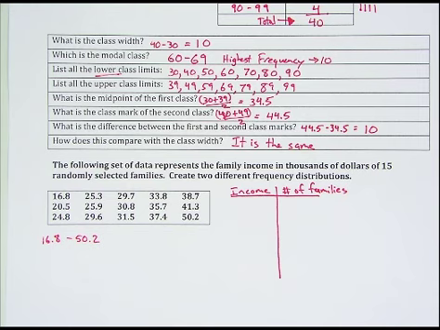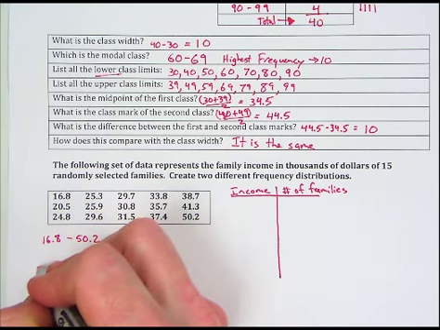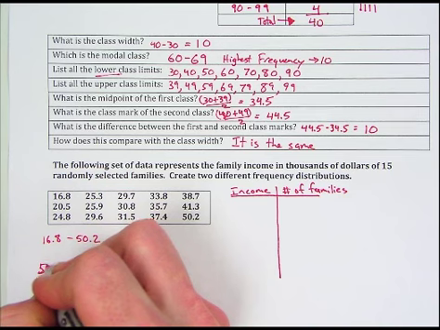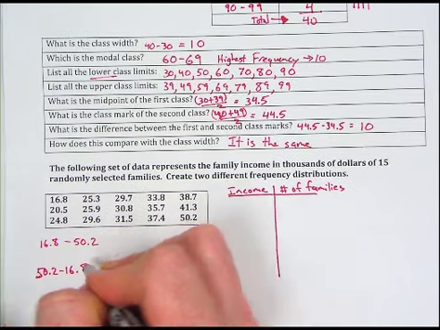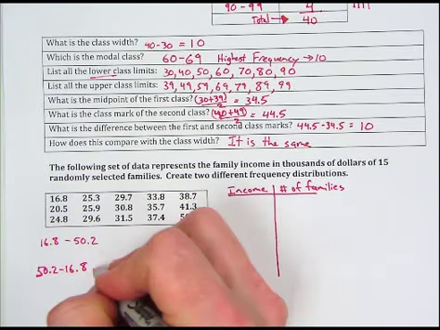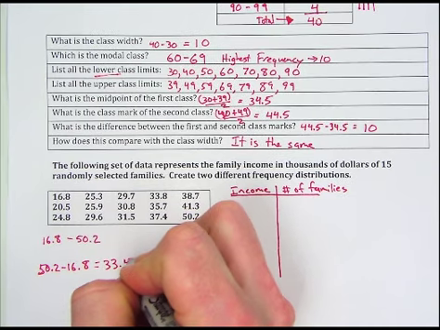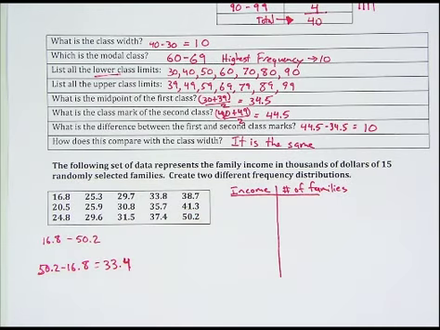So one way we can do this, we need to figure out so that every piece of data falls within a class. So what we can do is find our difference here. So 50.2 minus 16.8. Okay, now we can decide how many classes we want to have.